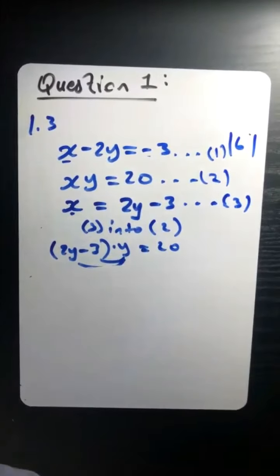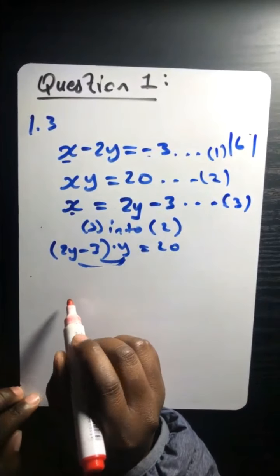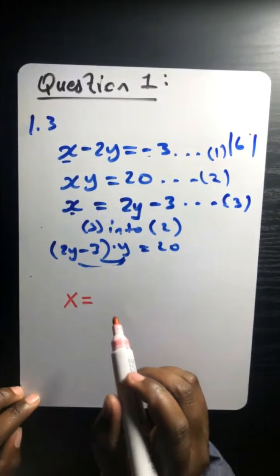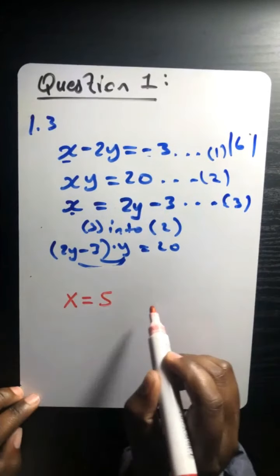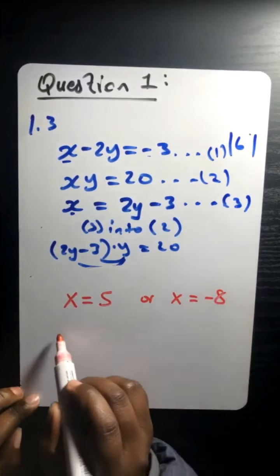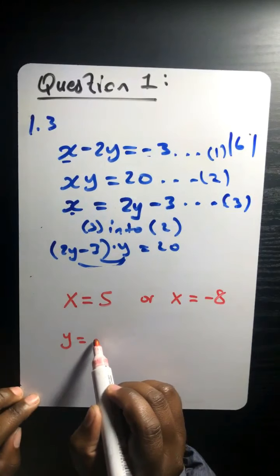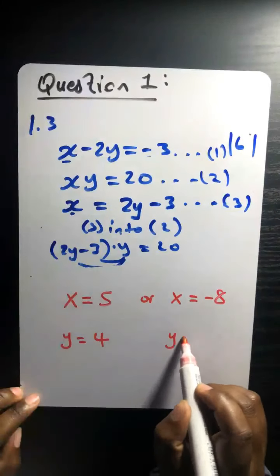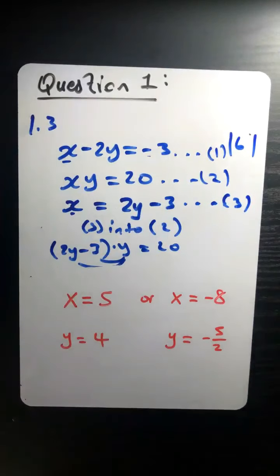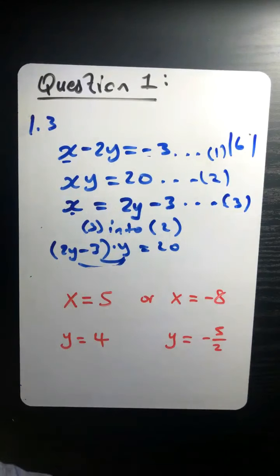But let's just write the final answers and let it be homework for everyone. So the x value, what did you get? 5 and negative 8. And the corresponding y values are positive 4 and negative 5 over 2. Also when I was practicing this problem, I got the same answer.